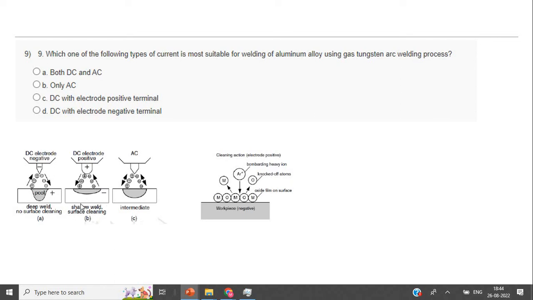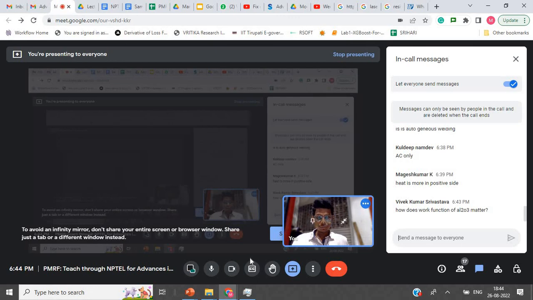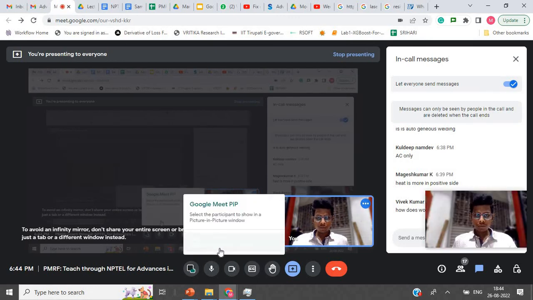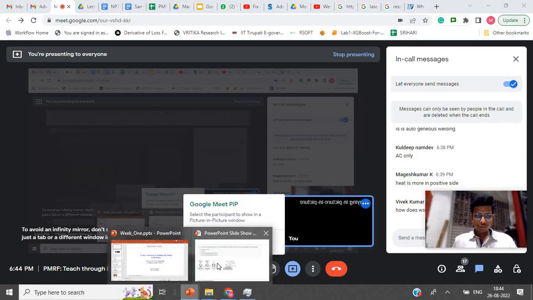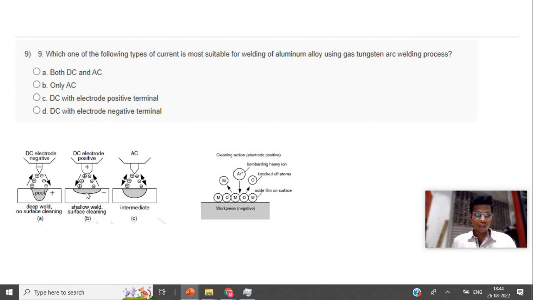Surface cleaning happens on the base plate because the work function of aluminum oxide is less than that of the pure metal. The cathode spot means the minimum energy is required to release the electron, so the electron will be removed from the oxide layer. So surface cleaning happens. This is the case of DCEP.